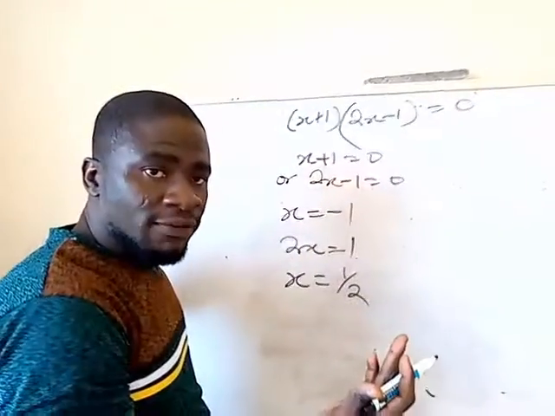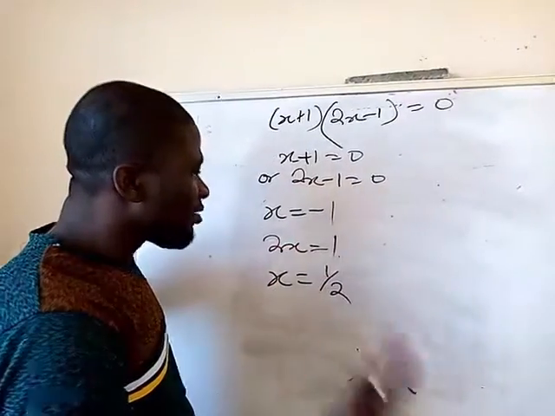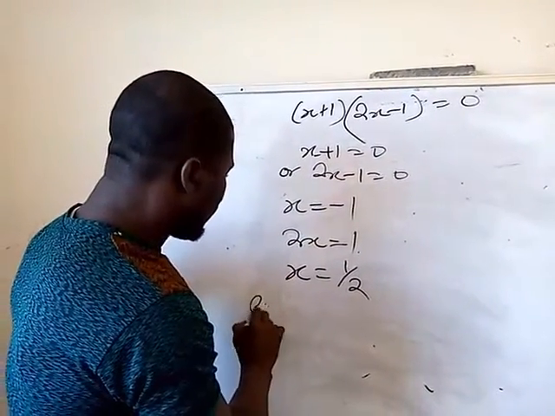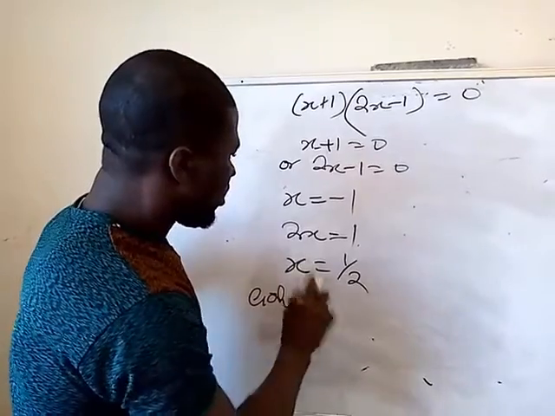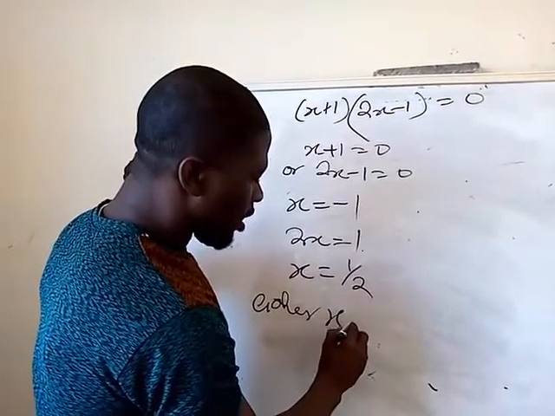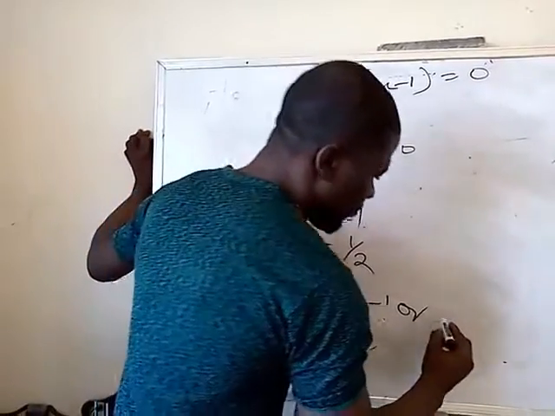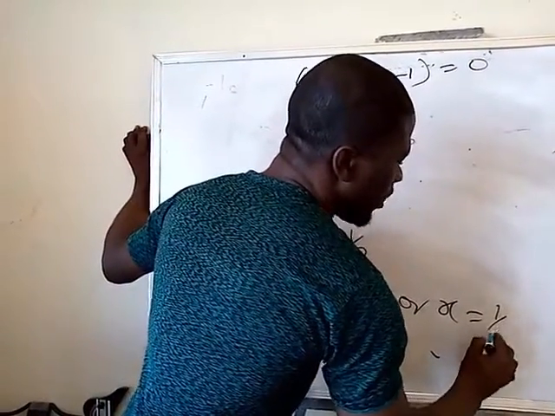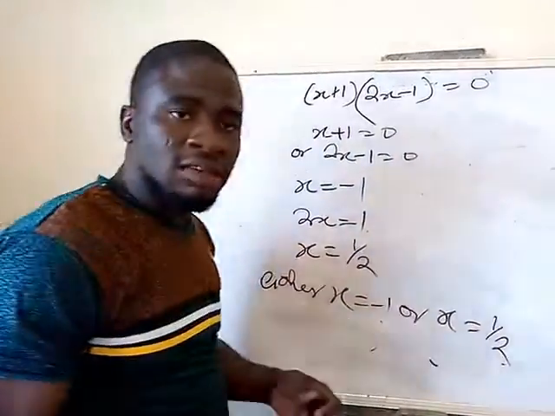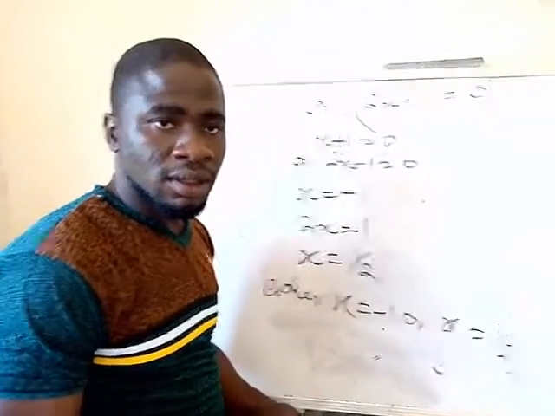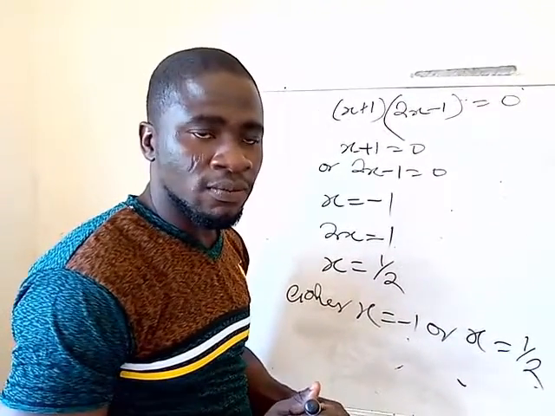So what we have gotten now, our last answer is that either x equal to minus 1 or x equal to 1 over 2 is the solution we have been solving for.